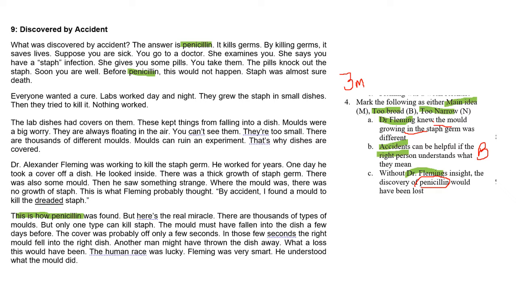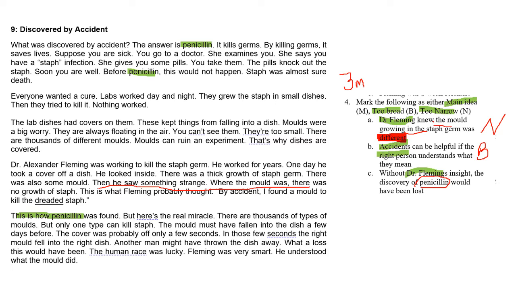Here, if you look at answer A, it just says it is different. It doesn't say it was going to kill the germ, it just says it was different. This is going to be the narrow idea. It comes from this part of the passage here. It was strange, it was different.